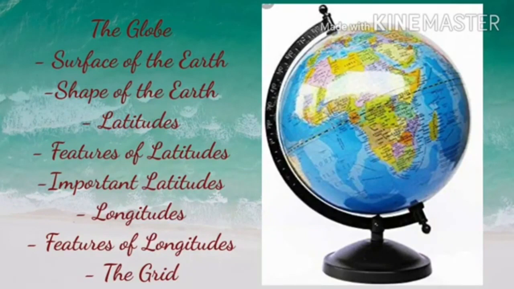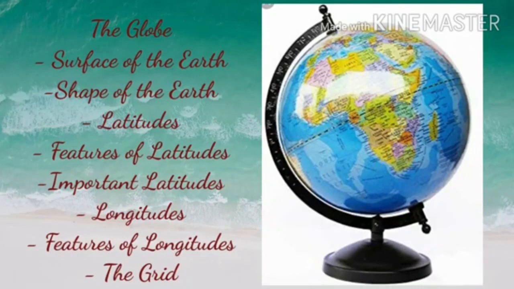Children, do you know what is an axis on a globe? Yes, the globe rotates on its axis, which is a line that runs from top to bottom. Children, there are 2 points on which a globe rotates. What are the 2 points?